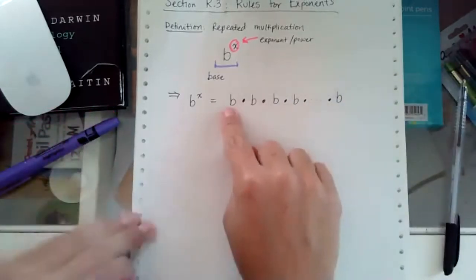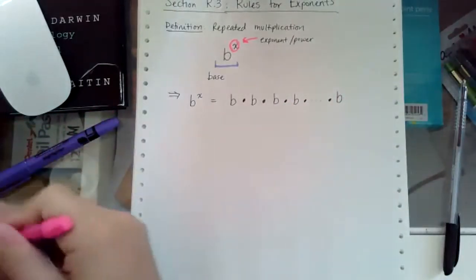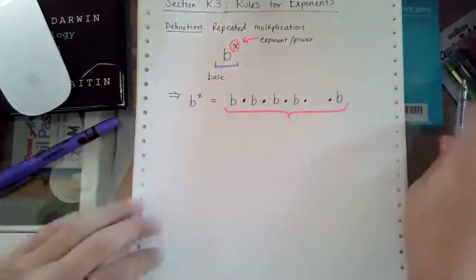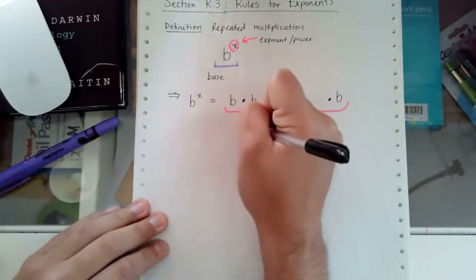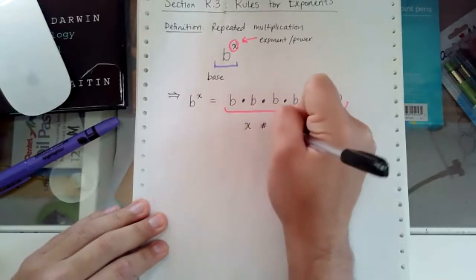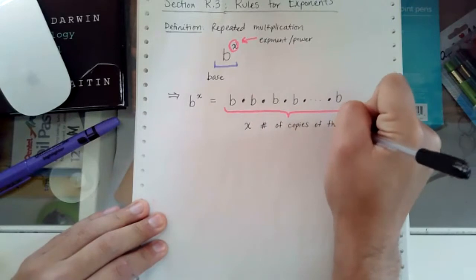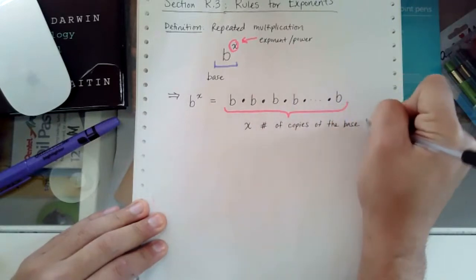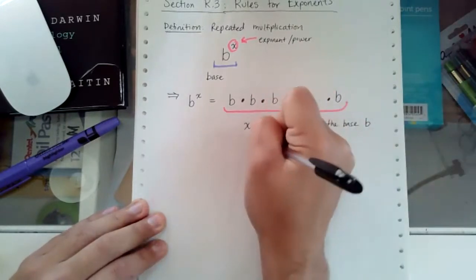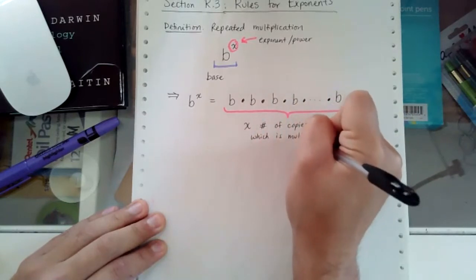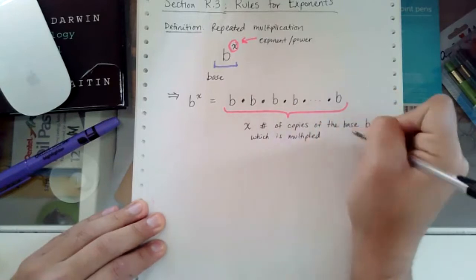And the number of copies of the base that we're multiplying is x number of copies of the base b, which is multiplied by itself.